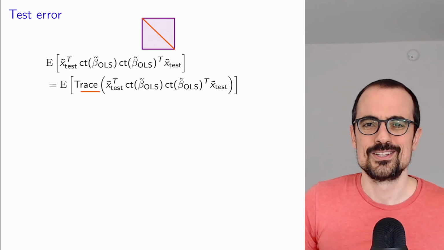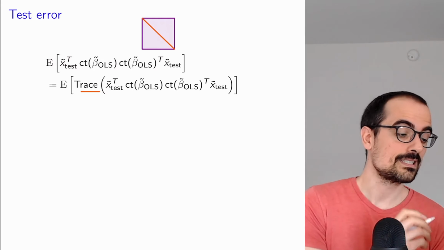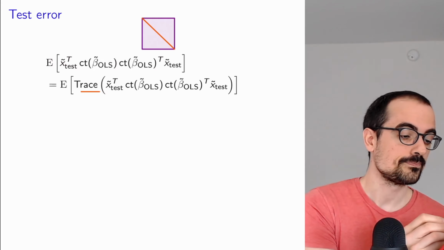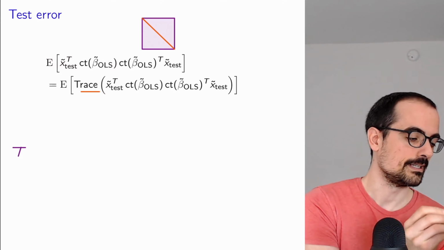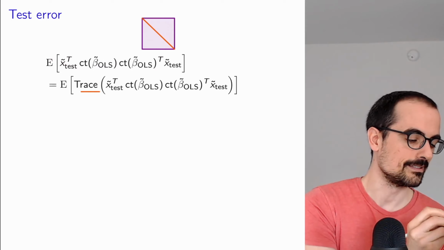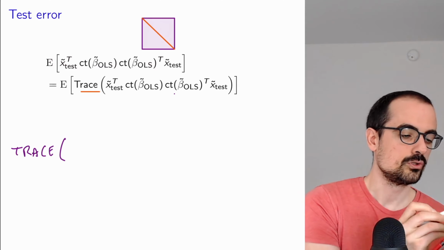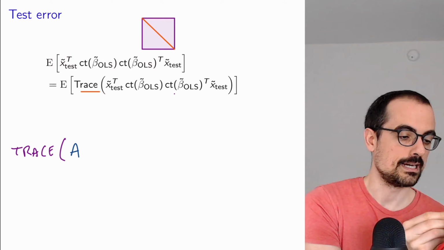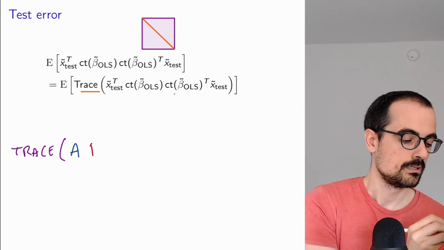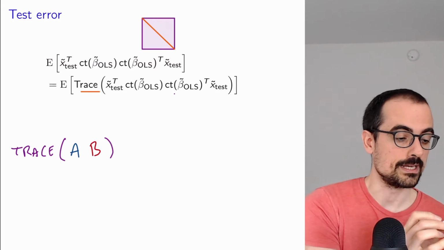Why are we doing all of this business? Well, it turns out that the trace of two matrices A and B, such that A times B happens to be a square matrix.